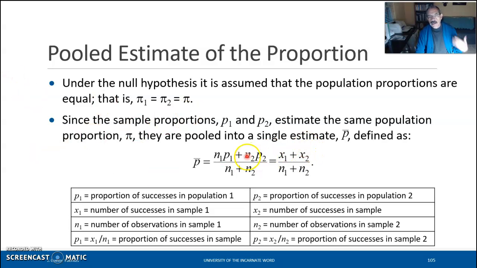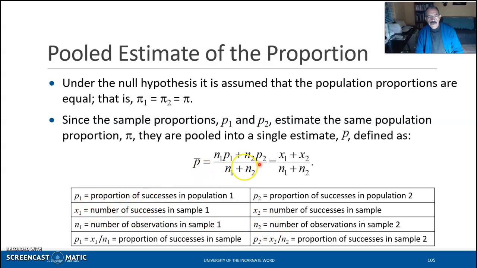If you know the sample size and the proportions, then you use this formula to calculate that. If in the problem you're given the number of successes in the first sample and the second sample and the number of trials in the first sample and the second sample, then you can calculate this pooled estimate of the single proportion using this part of the equation.